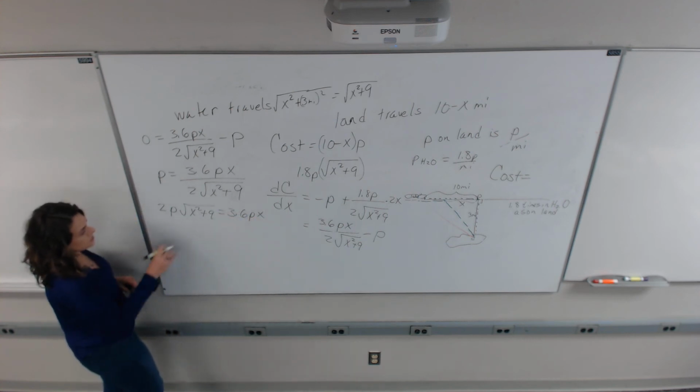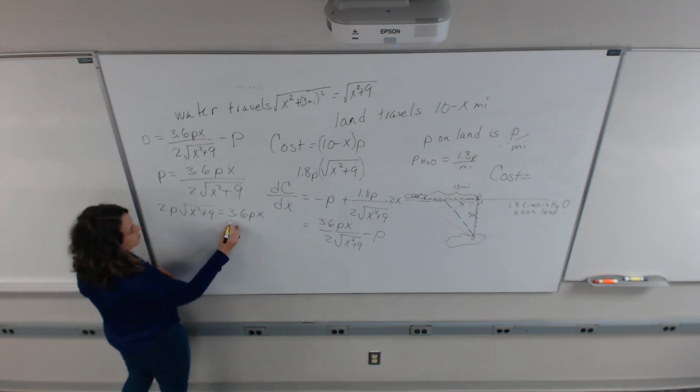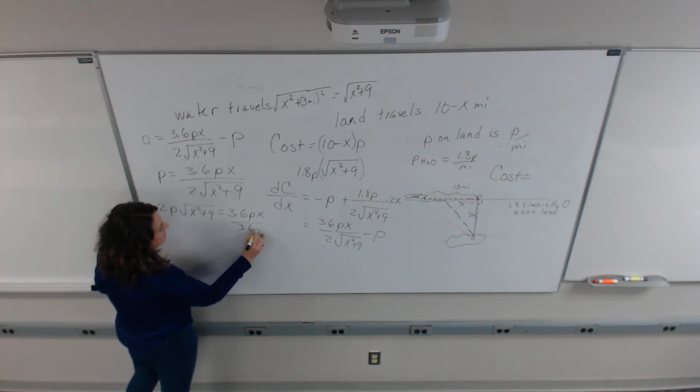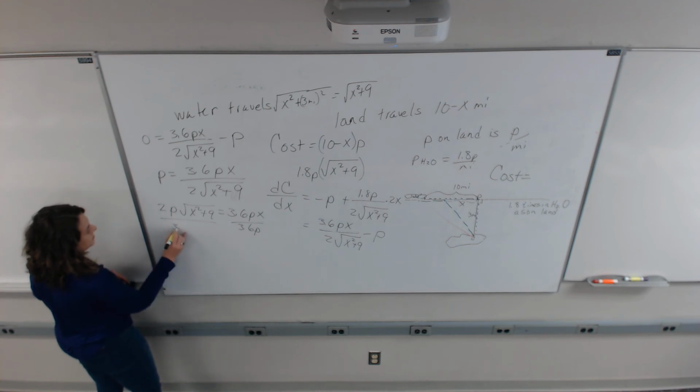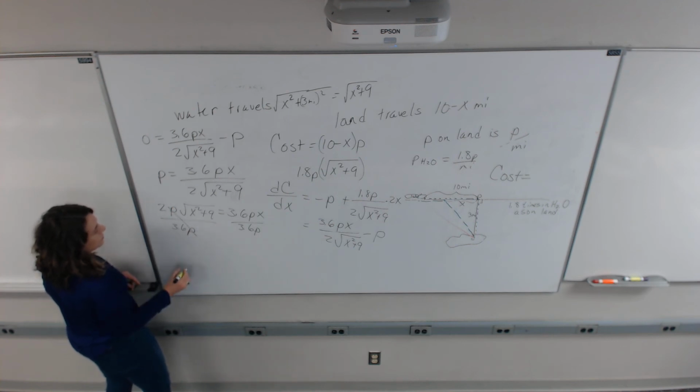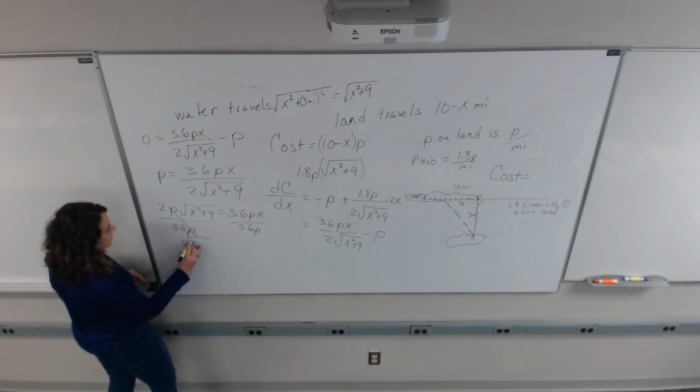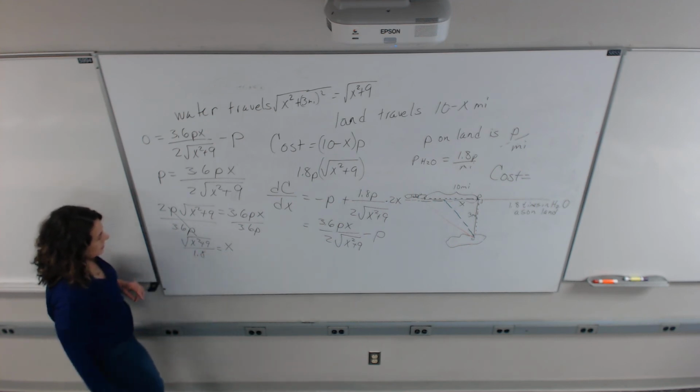The next thing I would do would be to divide both sides by 3.6p, and the p's cancel, which is why it doesn't matter what the price was. 2 over 3.6 is 1 over 1.8, so I get square root of x squared plus 9 over 1.8 equals x.